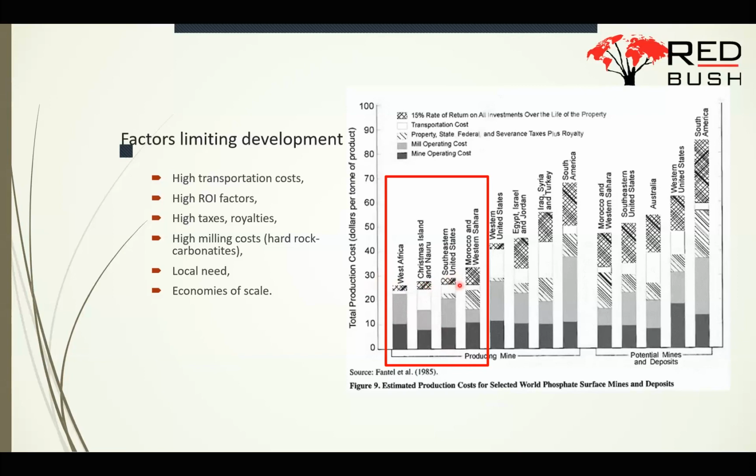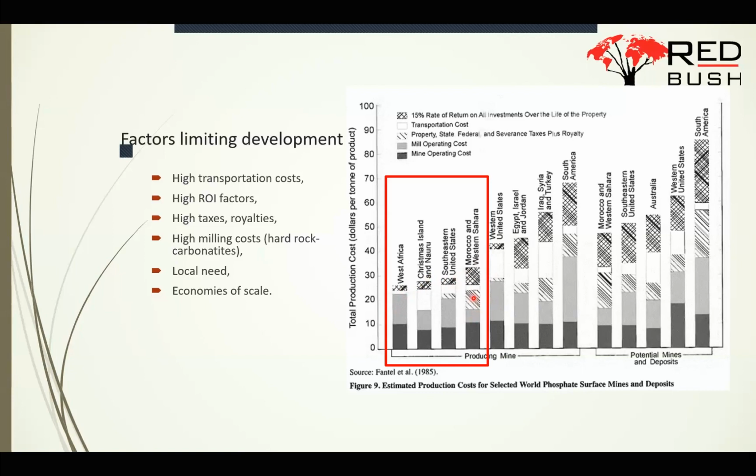And this is largely what prevents new deposits from being opened, this top one, that 15% rate of return on all investments over the life of the property. So all of the first three, West Africa, Nauru, and southeastern US, have very low capital costs. Morocco and the Western Sahara have higher capital costs, and they have higher taxes. So these are royalties. The government obviously takes their share.